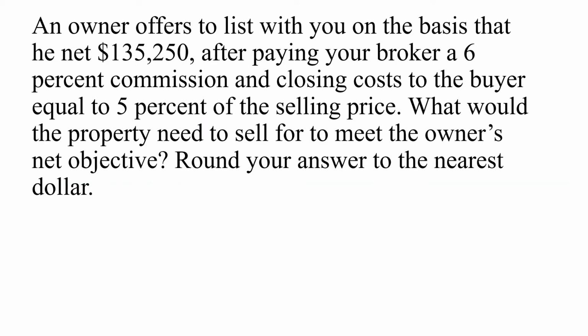An owner offers to list with you on the basis that he net $135,250 after paying your broker a 6% commission and closing costs to the buyer equal to 5% of the selling price. What would the property need to sell for to meet the owner's net objective? And we're going to round our answer to the nearest dollar. So let's start with this. So we want to end with the 135.